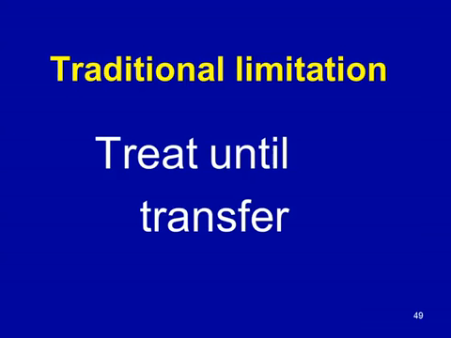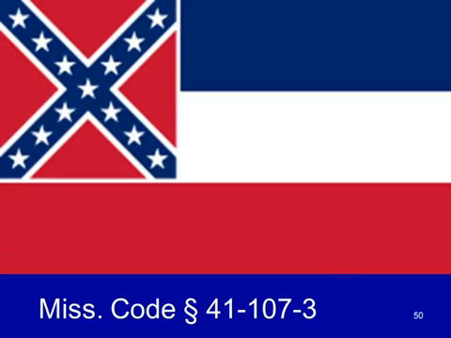Traditionally, these laws have had an important limitation, which is called a treat-till-transfer limitation, which is you can stop based on your conscientious objection, but not until you find somebody else to take over and treat the patient. But in some of the more recent examples of conscience clauses, in Mississippi, for example, this limitation has been eliminated.